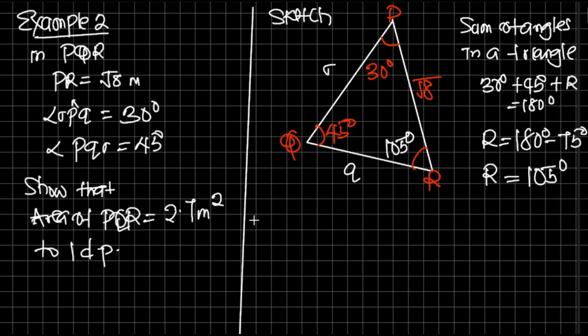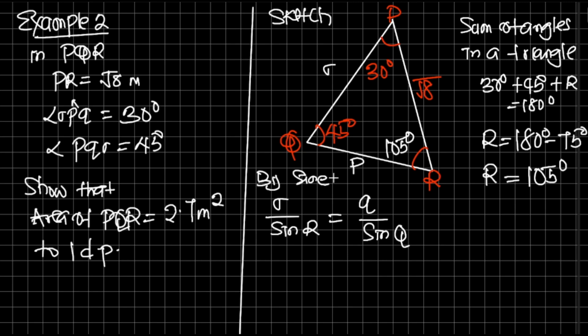So let's find one of them. We have r over sine R equal to q over sine Q. By sine rule, if we substitute our values, we have r over sine 105 equal to root 8 over sine 45.